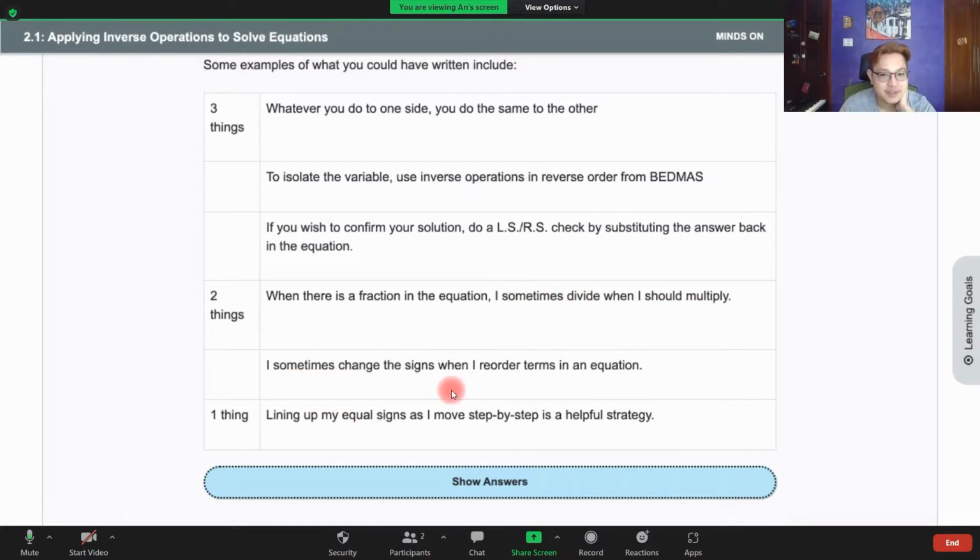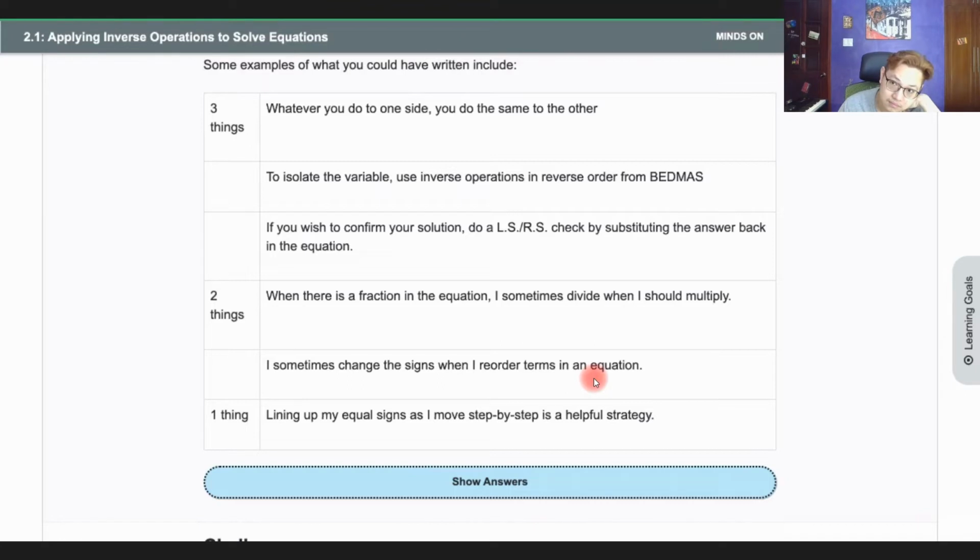And then I sometimes change the sign when I reorder terms in an equation. Of course. Sometimes a plus becomes a minus, or a minus becomes a plus, if you move from the left to the right. It's the opposite.